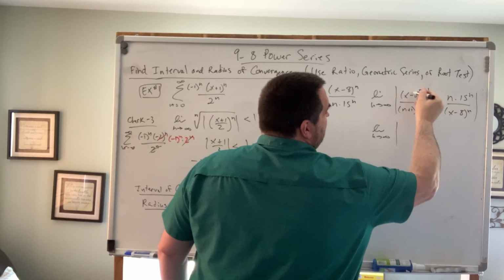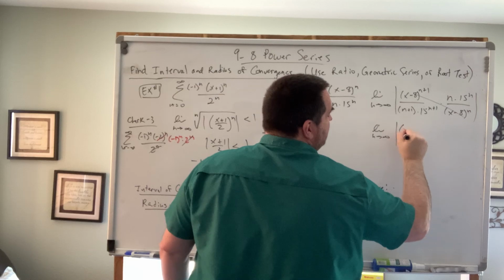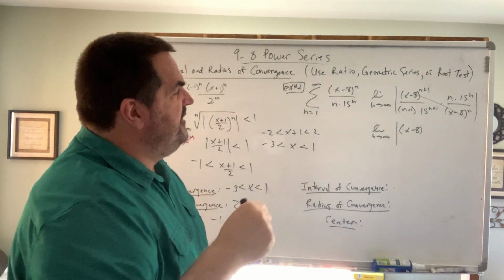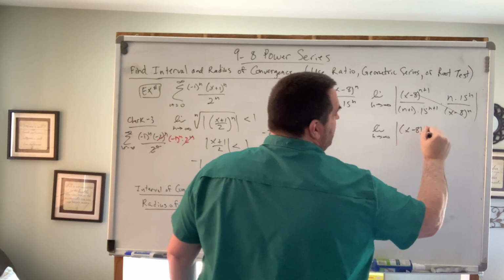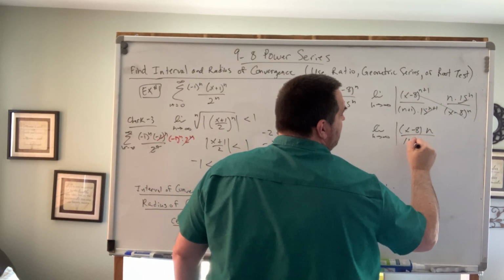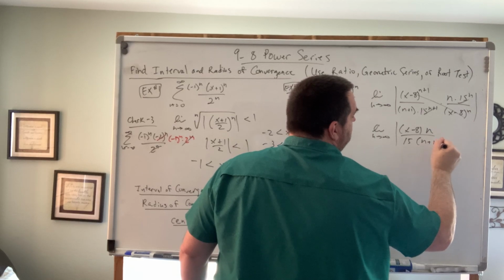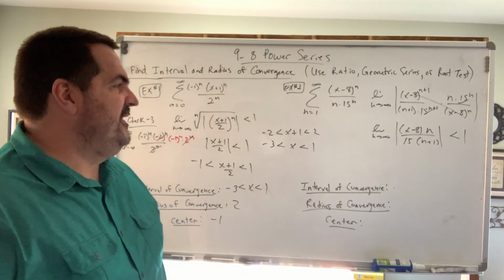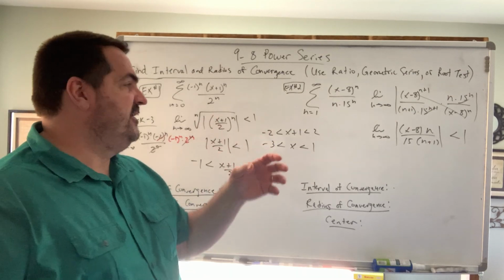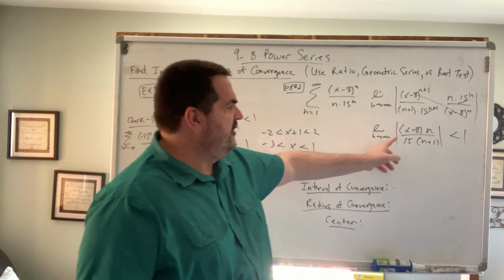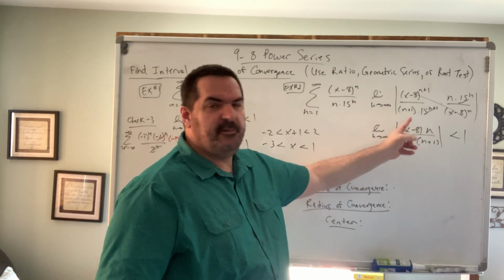So these guys kind of cancel to be just an x minus 8. The top has one more. The 15s, well, this n stays here. These 15s. And we know that this has to be less than 1. So we're working backwards. Instead of finding this, we're going, hey, when is this less than 1? So limit as my n's tie. So that's my coefficients.